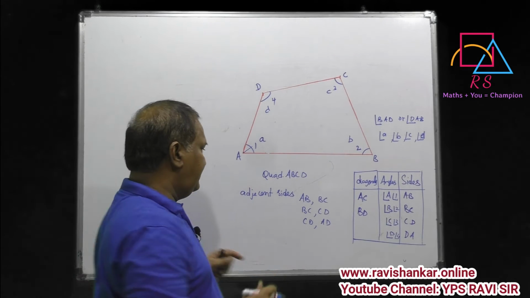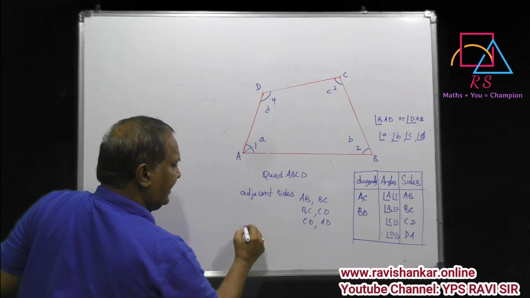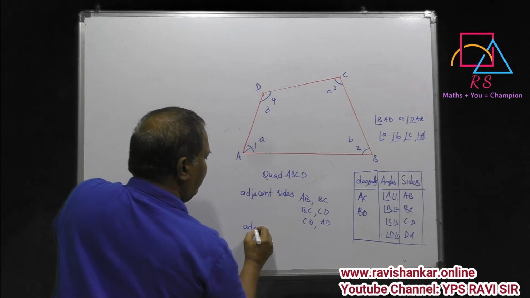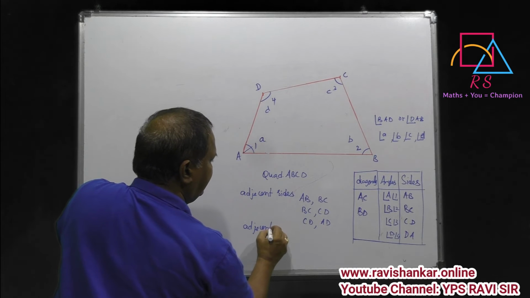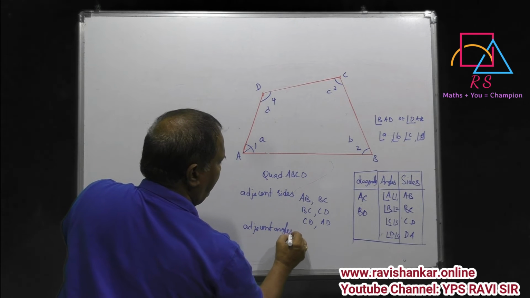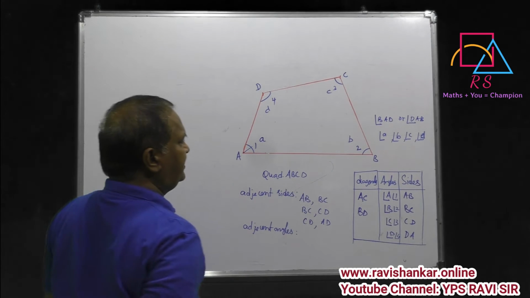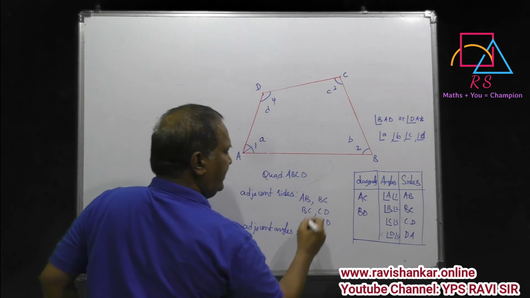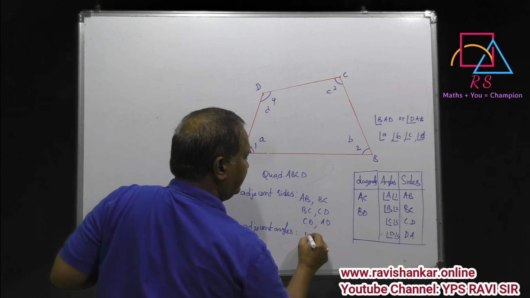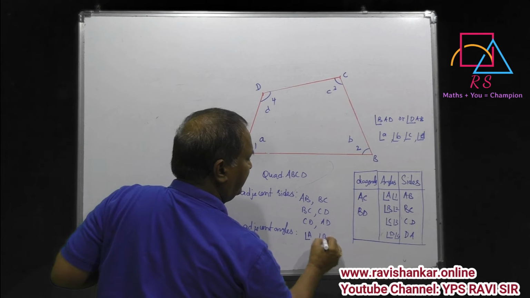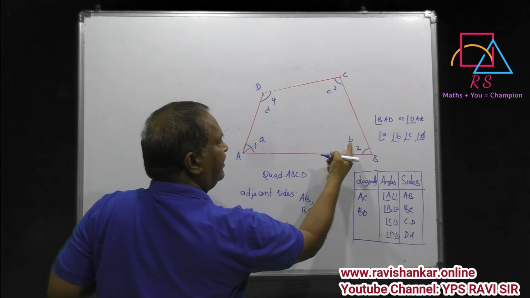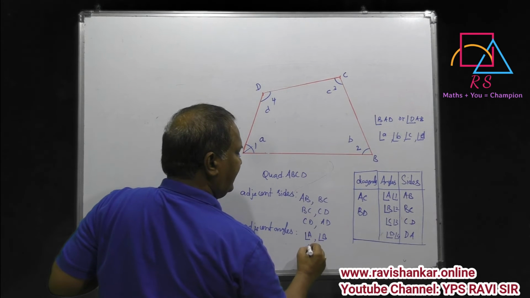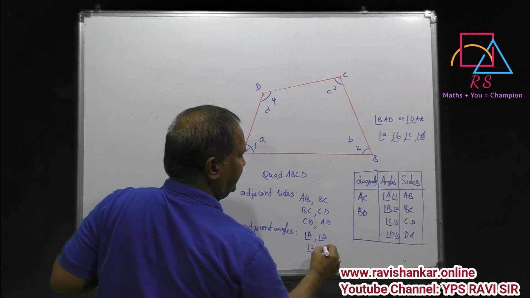Adjacent sides. Now we have adjacent angles also. What are adjacent angles? Very simple. They are also like this. Angle A, angle B are adjacent angles. Angle 2, 3 are also adjacent angles. I am using different notation here.